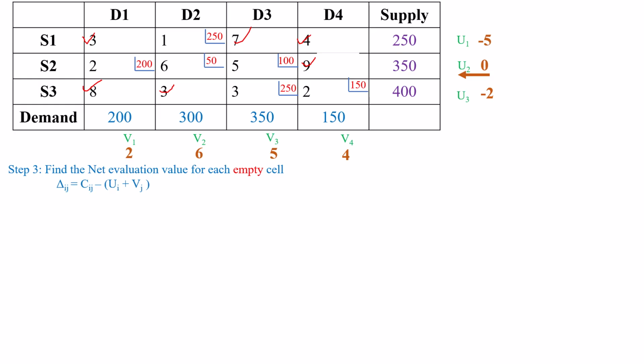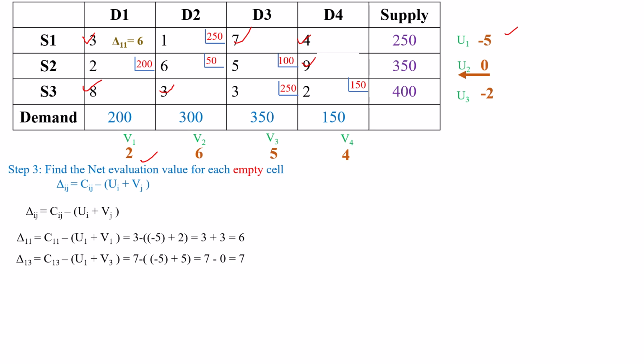First empty cell is S1 row and D1 column. So delta 11 equal to C11 minus of U1 plus V1. C11 value is 3, U1 value is minus 5 and V1 value is 2. Substituting, we get delta 11 equal to 6. Next is delta 13, equal to C13 minus of U1 plus V3.